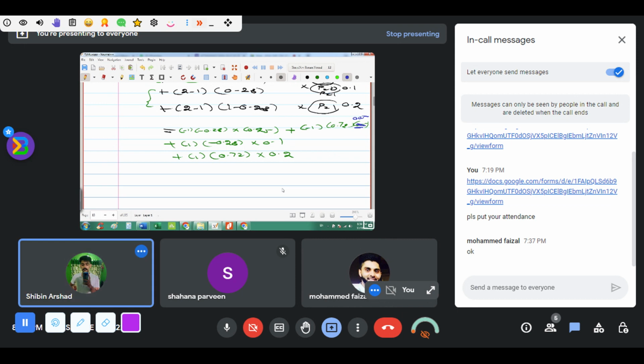0.2724. Please check again, because minus and plus are both there. Minus into minus gives plus. One minus sign is there. This is a minus sign, minus 0.72; here also a minus sign.